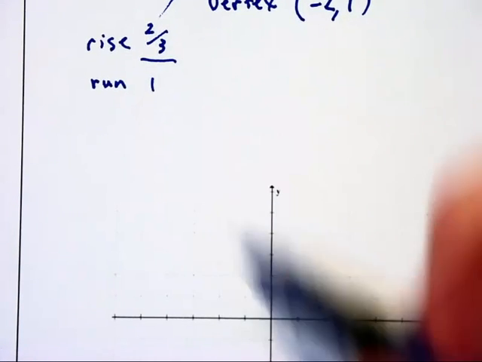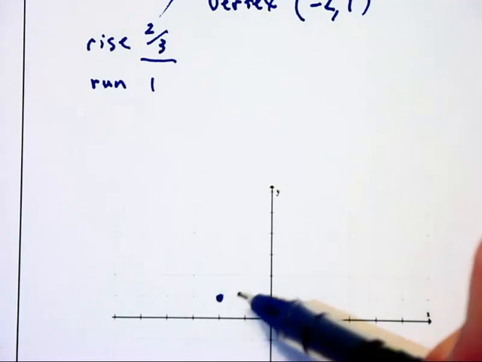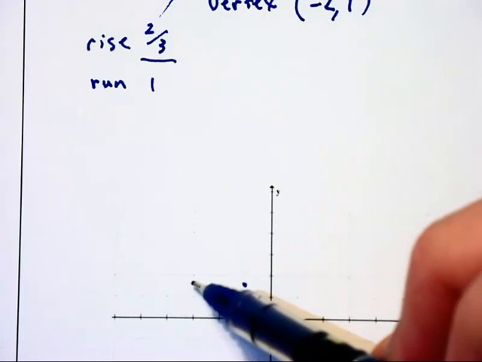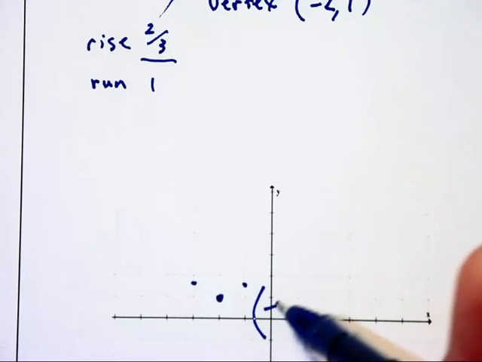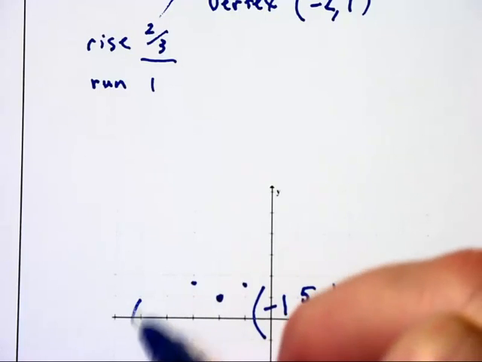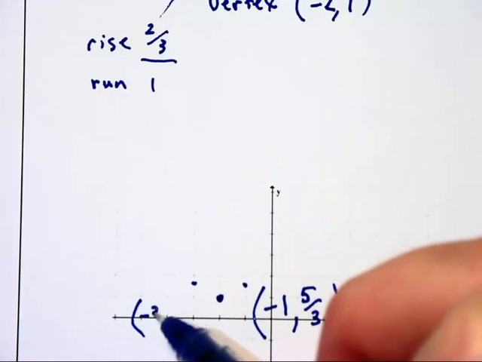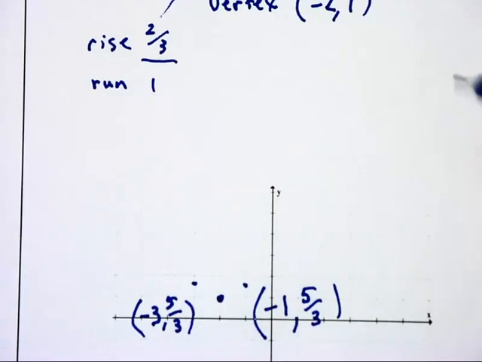So let's plot these. -2, 1 will be right there. When I rise 2/3 and run 1, I get to some kind of weird points there. Technically, that first one is at -1, 5/3, and this one on the left there is at -3, 5/3, if it helps to have them identified.